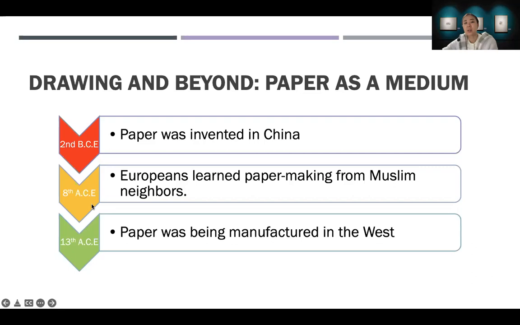And about 8th century, Muslims arose in the Middle East, and the Muslims played a role as a bridge between China and Europe to spread the paper making technique. So Europeans learned paper making from Muslim neighbors. In 13th century, paper was being manufactured in the West.